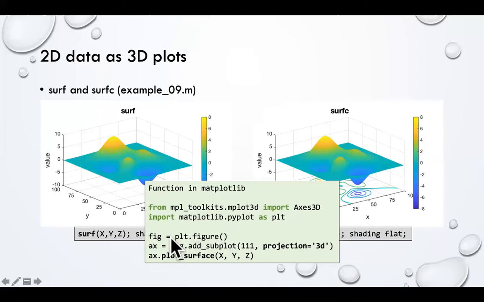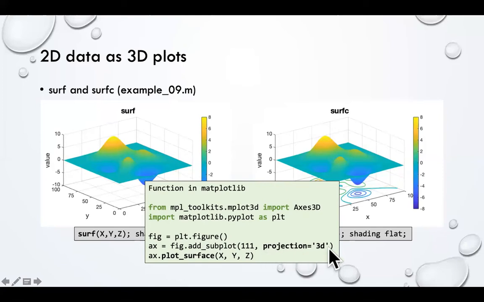So you make a figure, plot the figure, and you put the axis. You need to make sure the code knows what you're plotting. Here I put the subplot, but you don't need to do this. The 111 means you only have one plot, and for the projection, like what you saw previously, you need to put the projection as 3D.